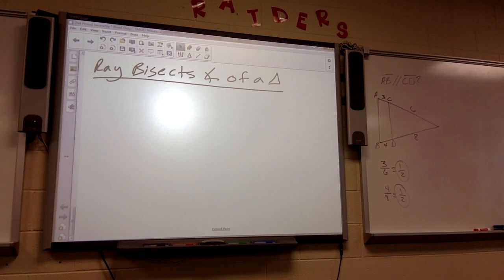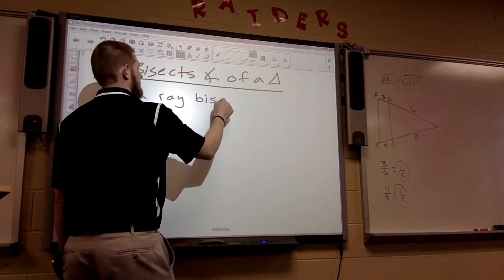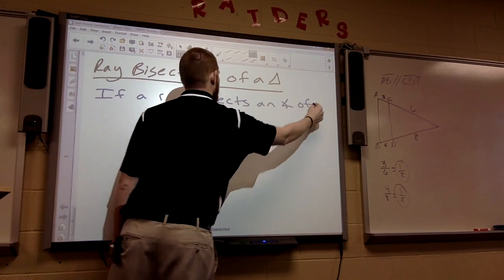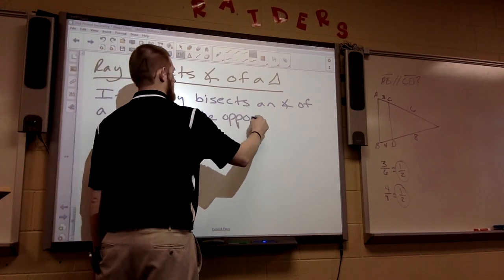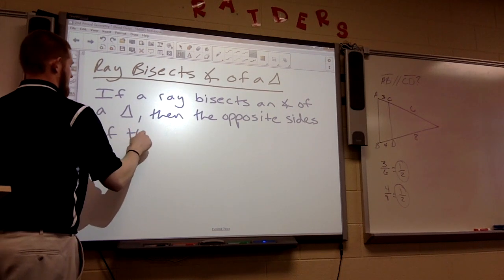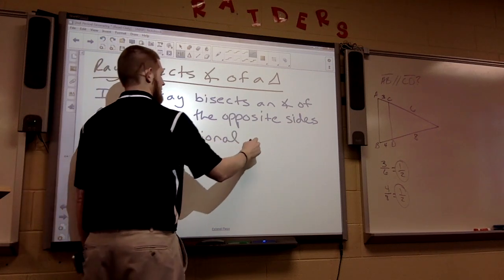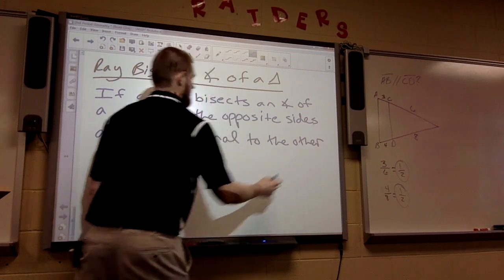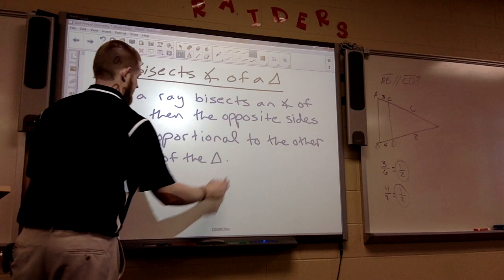If a ray bisects an angle of a triangle, then the opposite sides are proportional to the other two sides of the triangle.